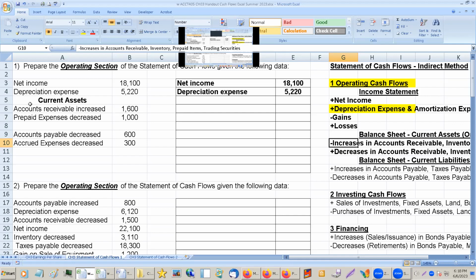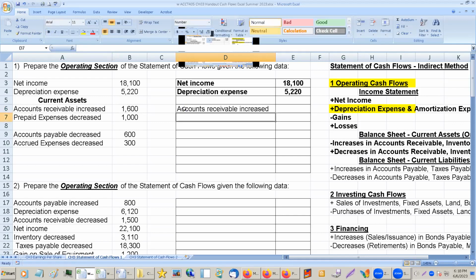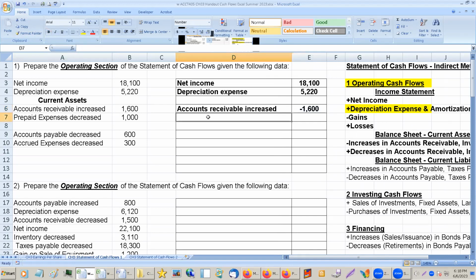So if an asset increases, like it did here, it's going to decrease the cash flow. So assets actually go in the opposite direction. So accounts receivable, if they increase, your cash goes down as an asset. Prepaid expenses is an asset, but it decreases. It's the opposite. If it decreases, your cash goes up.